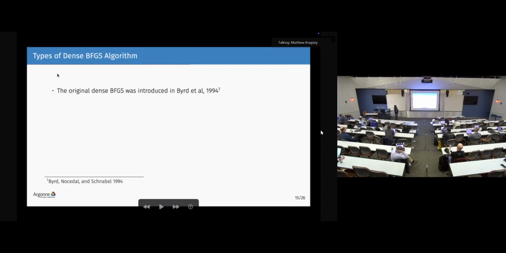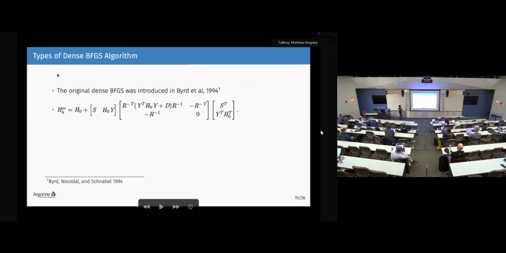But if you are aware of the history of BFGS, you may ask, wait, hasn't the dense BFGS been around for a while? Which is, yes, that is true. The original dense BFGS paper was introduced by Broyden-Fletcher-Goldfarb-Shanno in 1994. And this is their version of a dense batched version of BFGS.